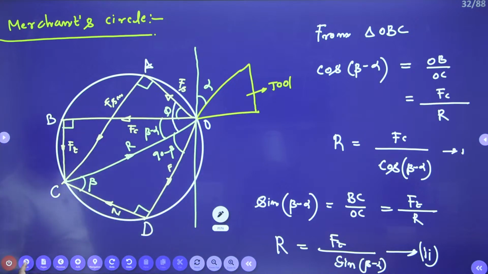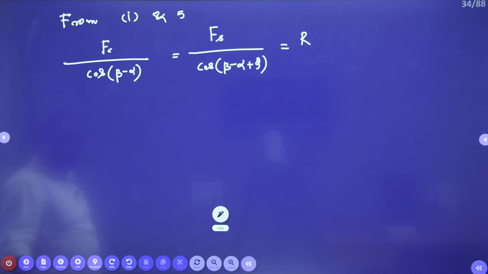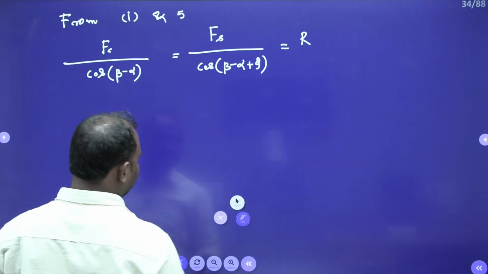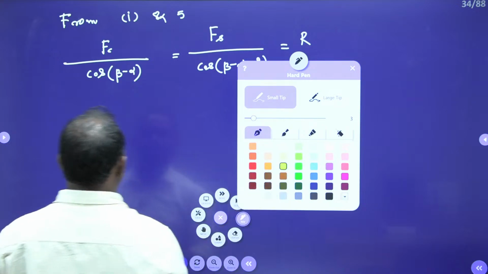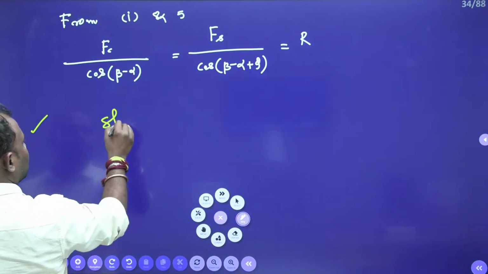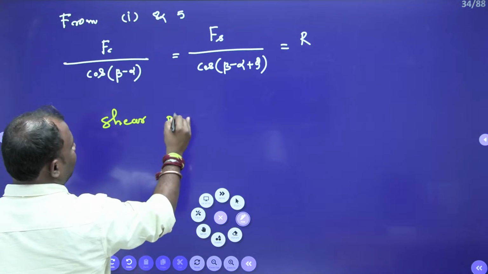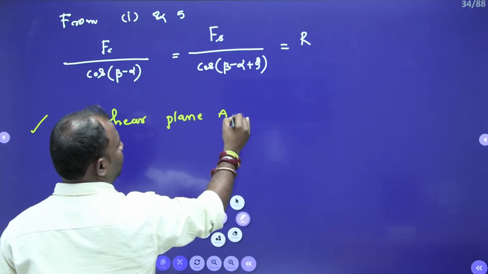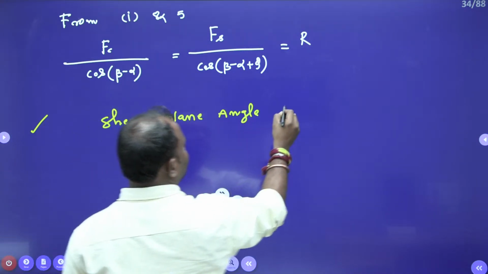Now let us go for how to calculate phi, the shear plane angle. I'll give you the formula for this. Shear plane angle is equal to phi.